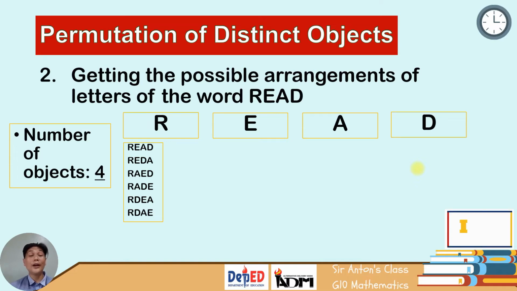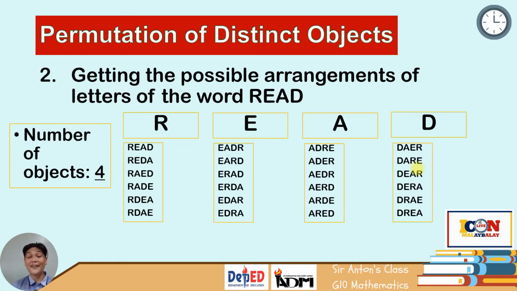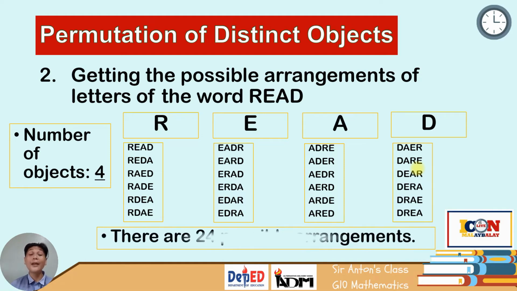So, if we're going to use E, and then A, and then D, these are the arrangements. So, we can see that in each letter, there are 6 possible arrangements. Therefore, there are 24 possible arrangements for the letters of the word read, or R-E-A-D.